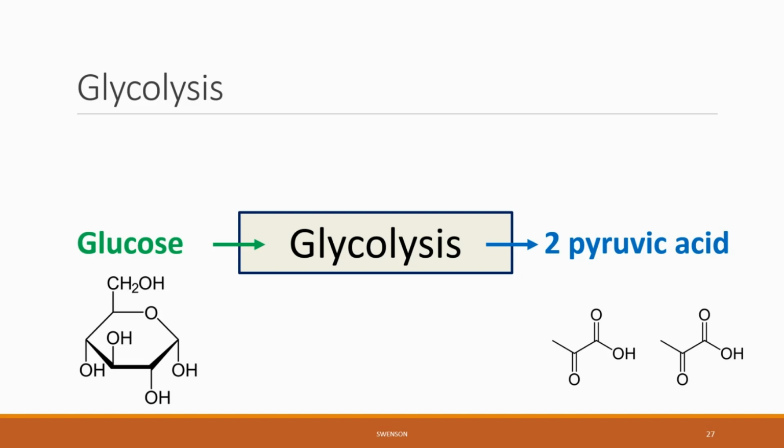This slide shows the overall picture, and our glucose molecule has 6 carbons. They're not all drawn out here in these rings, so don't get too confused. In the ring, each point where there's not an oxygen listed represents a carbon.